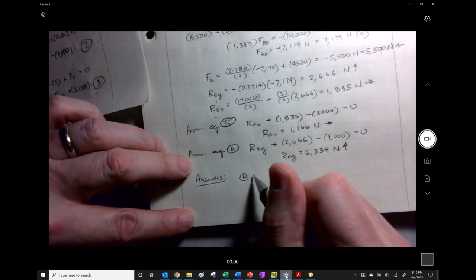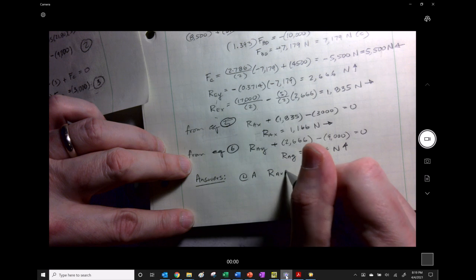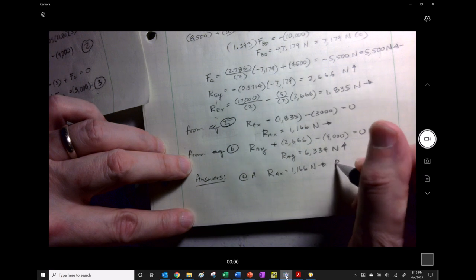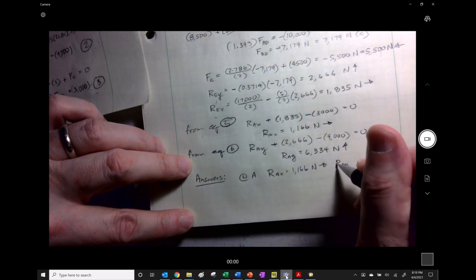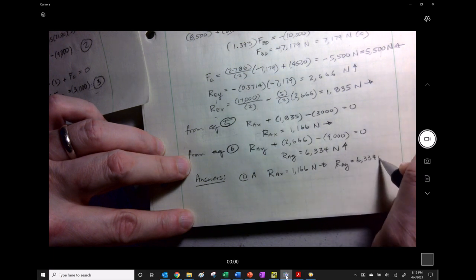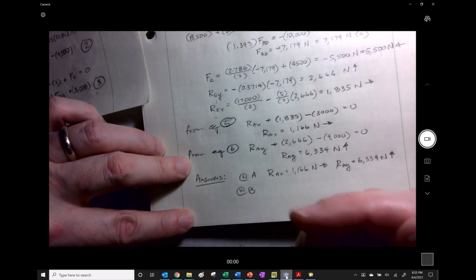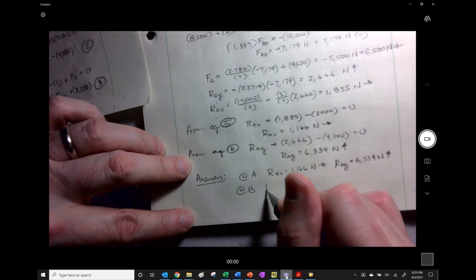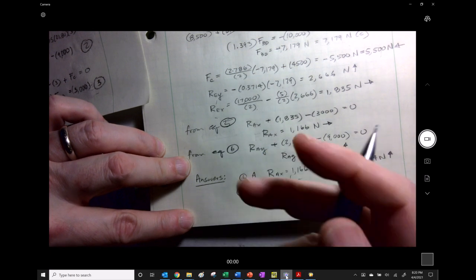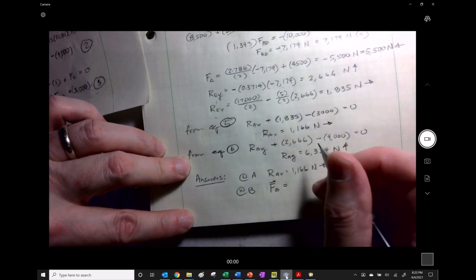We'll go at A. RAX is 1,166 newtons that way. RAY is going to be 6,334 newtons up. Okay, so at B, we're going to get our, I might just go F, I'm going to call it FBD.